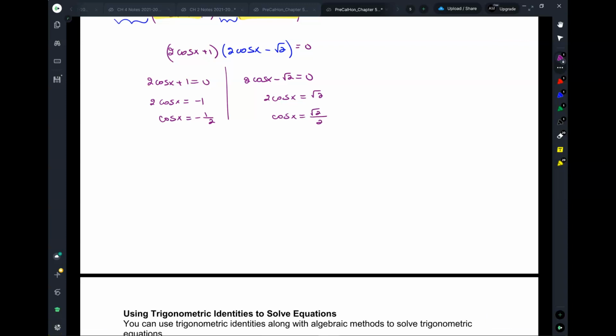So at some point, this is what we have, right? And then where is cosine equal to negative 1/2? Well, cosine is negative in these two quadrants. And it's equal to 1/2 here. Remember that it's the angle which gives you a smaller x distance. So it's 2 pi over 3 and how much? 4 pi over 3.